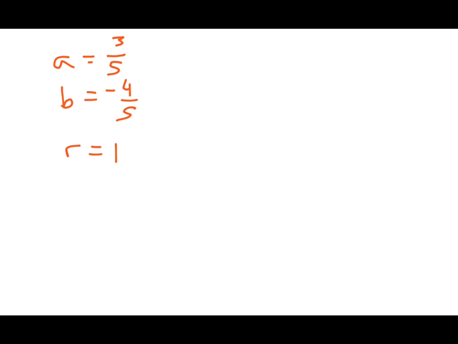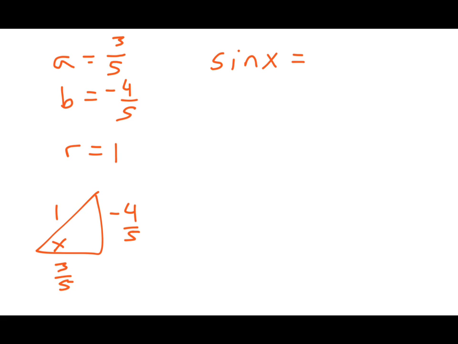So if we want to find sine of x, looking at this triangle, a was 3/5, b was negative 4/5. Okay, here's your x. Sine is opposite over hypotenuse, which is negative 4/5 over 1, which is just negative 4/5.